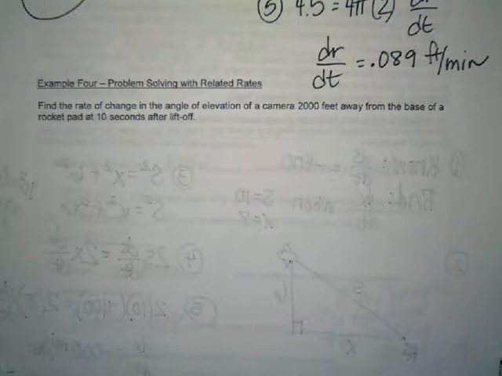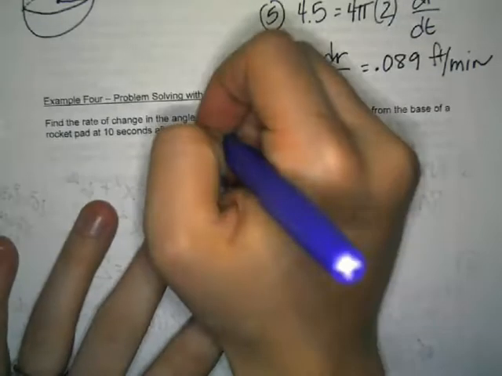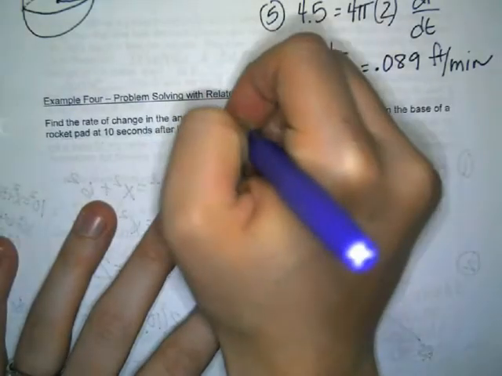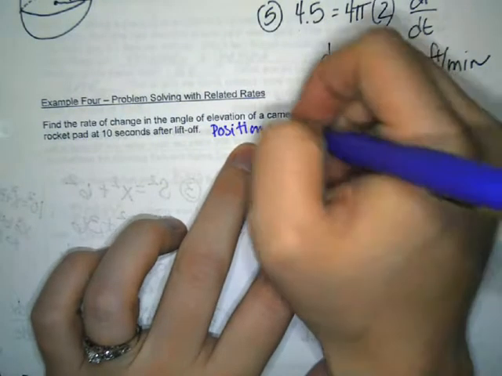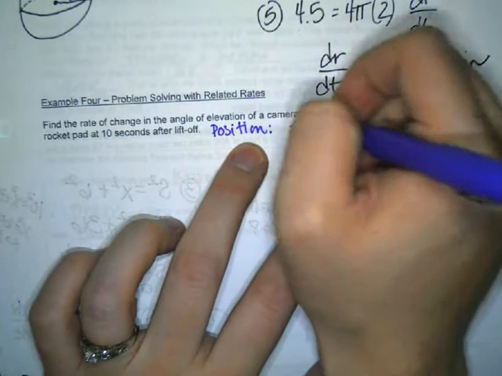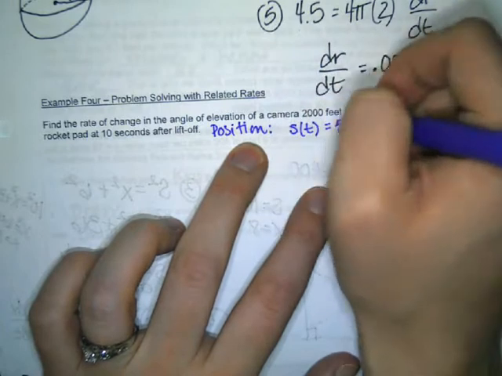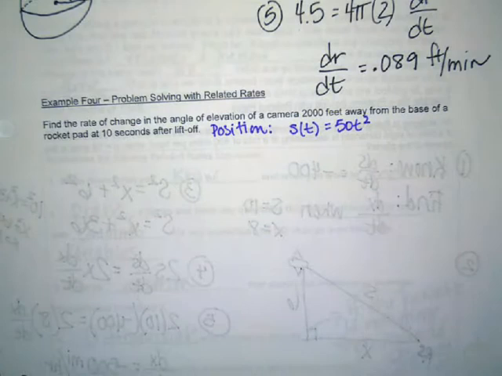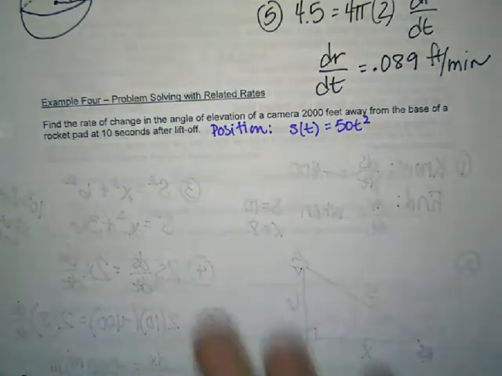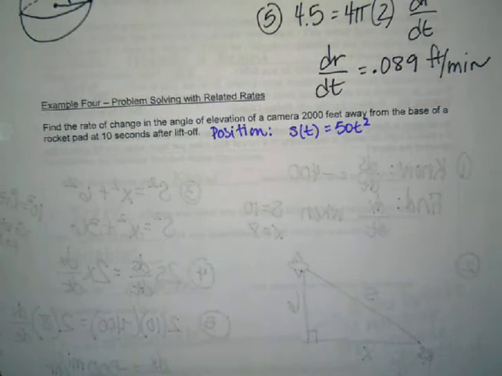One thing that would be given to you in this scenario, since they don't give you a rate, is the position function. They would have to give you some piece of information here.